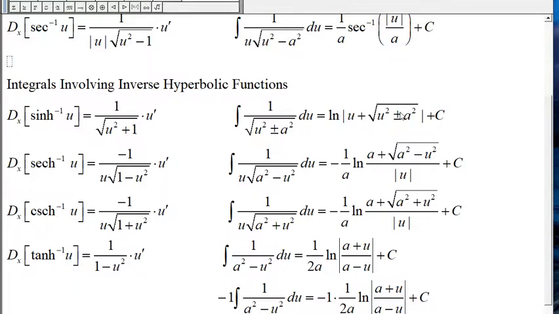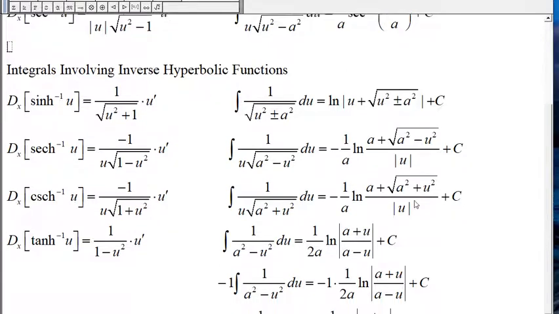The plus is the plus right here, and the minus will come from the derivative of the inverse hyperbolic cosine. That's where the plus and the minus come from. We have also seen the derivative of the inverse hyperbolic secant, and from this formula we get this integral. And for the derivative of the inverse hyperbolic cosecant, we get negative 1 divided by u times the square root of 1 plus u squared, and we get this formula right here. The only difference is minus here and then plus here.